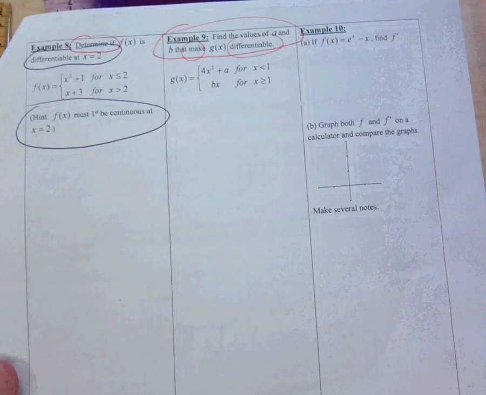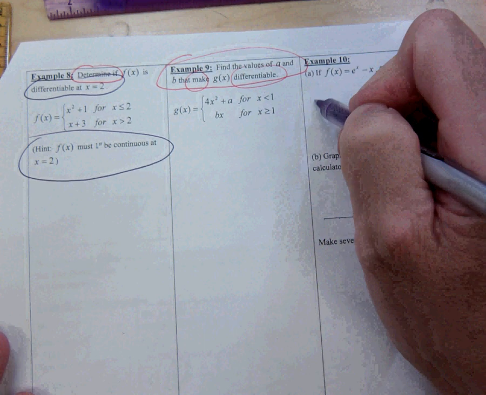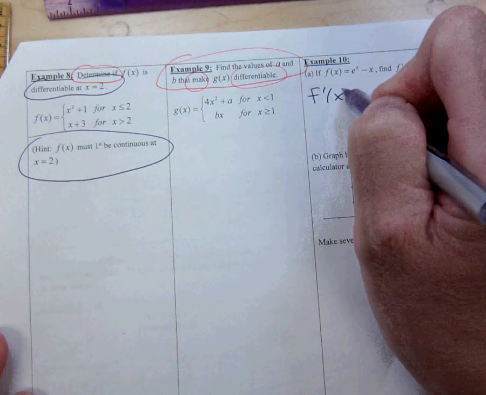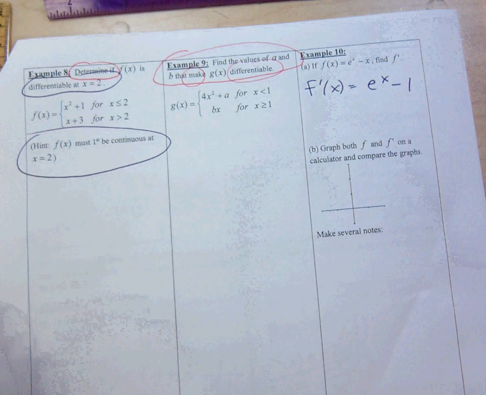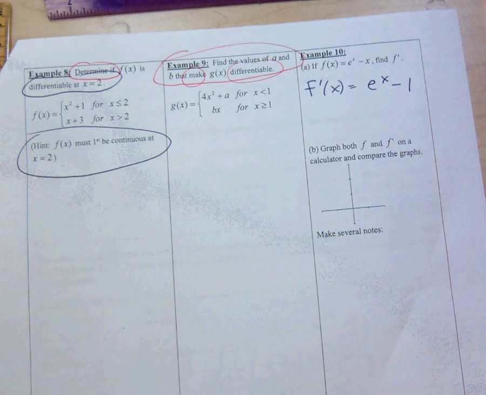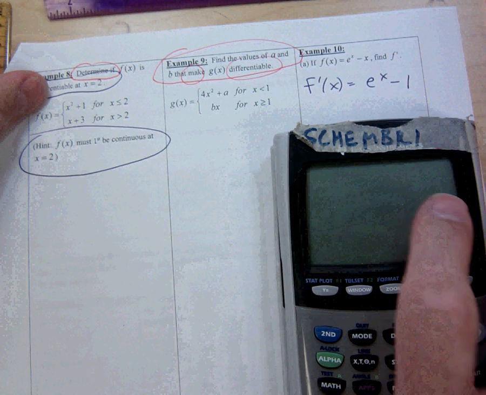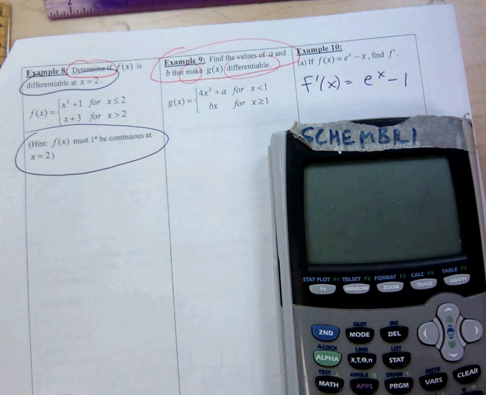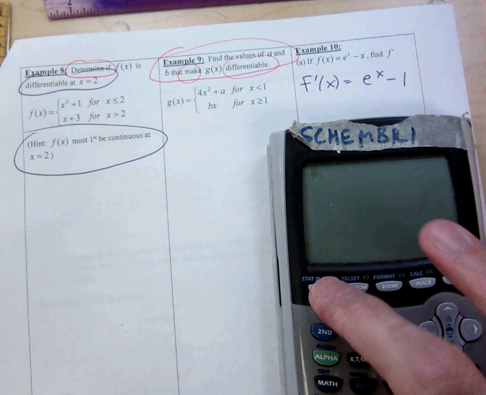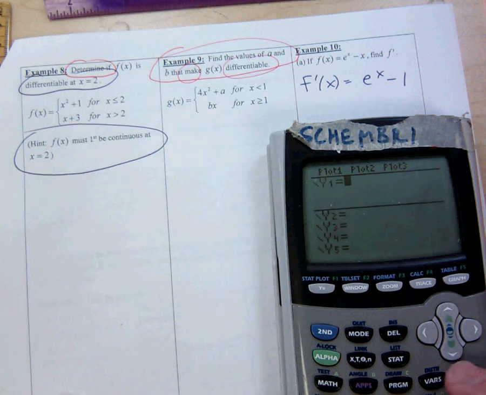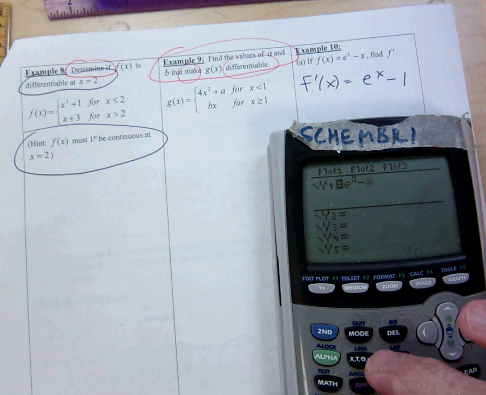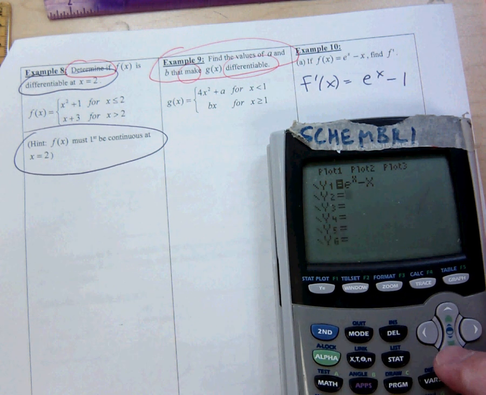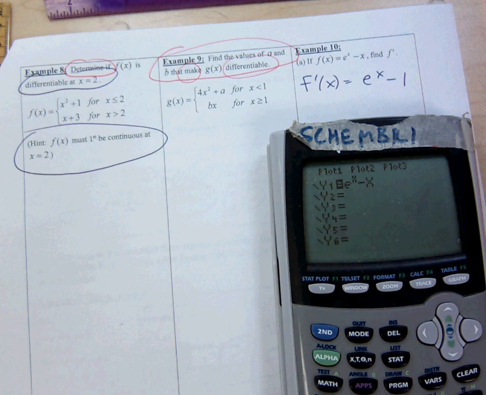You ready? All right, everybody, what's the derivative? Quick, you tell me. E to the x minus 1. Okay? All right, so here we go. Watch this. Okay, so that's f of x, and this is my derivative, right?